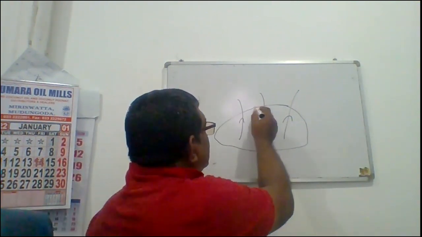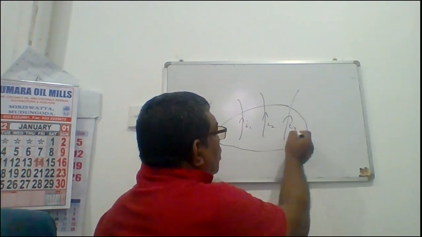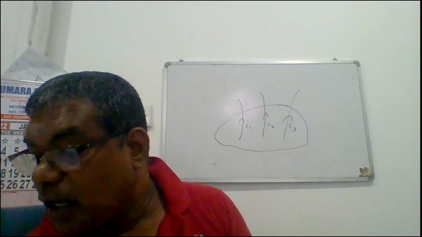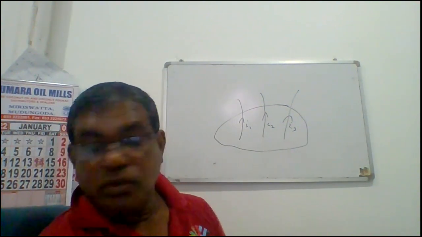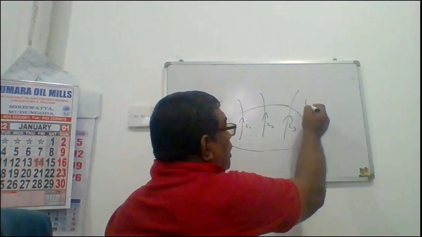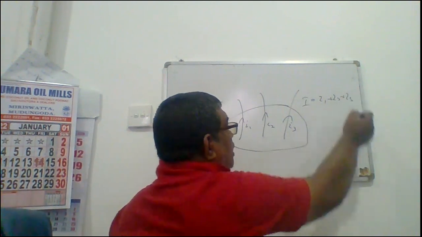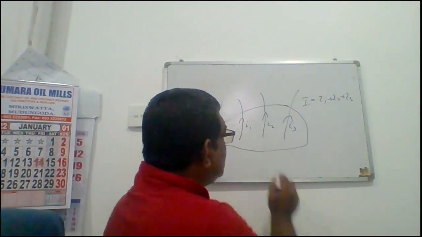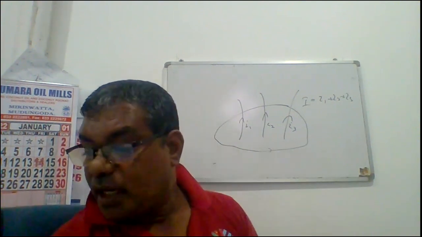These are the currents I1, I2, I3, and this is the magnetic field. So the total current is I equal to I1 plus I2 plus I3.